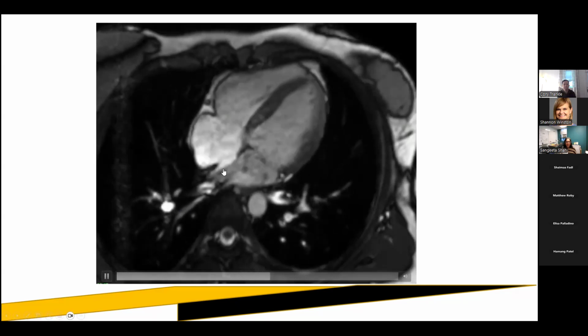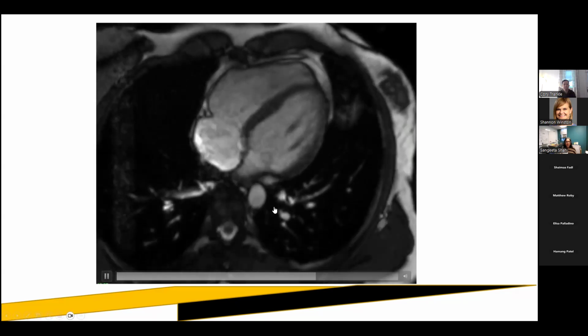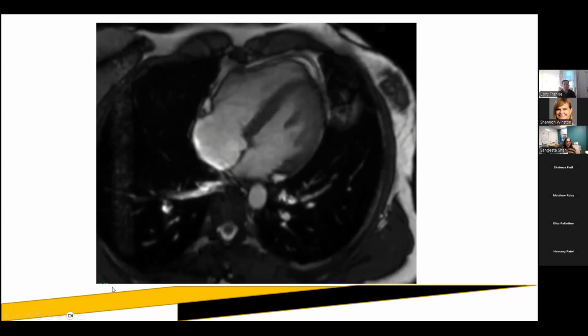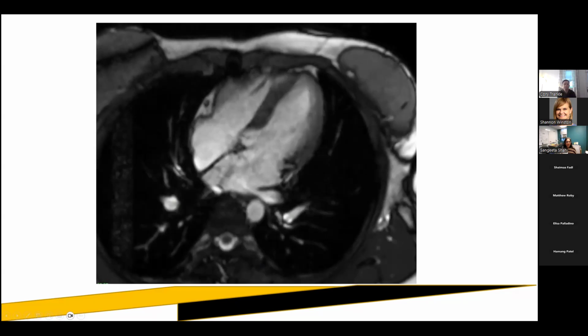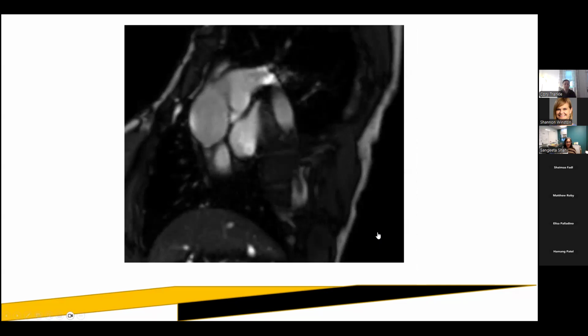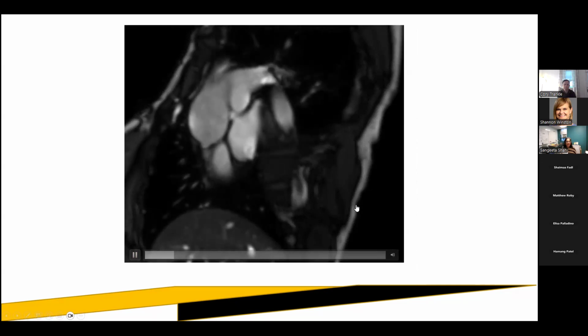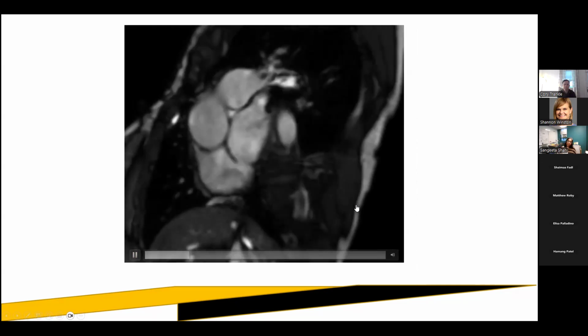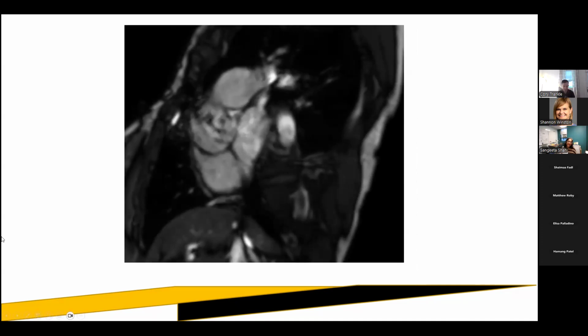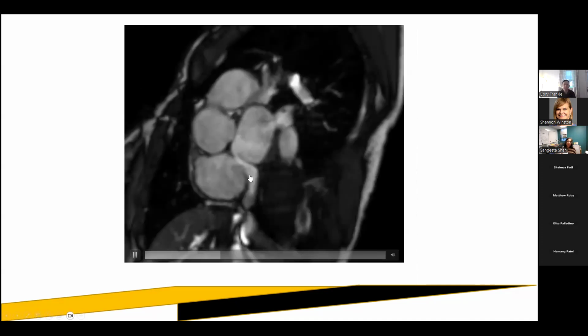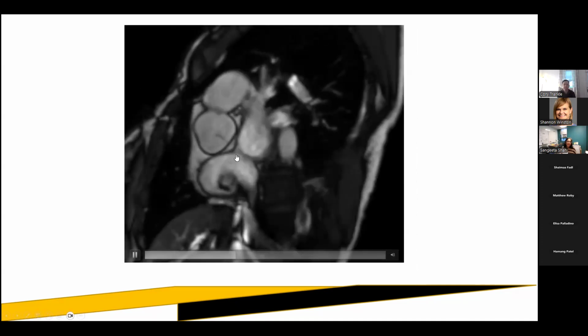It looks a little bit hypermobile in this view. Next slide. We often do a short axis stack straight through the atrium and the atrial septum. And you can see in this view, you get a sense that there's a PFO.